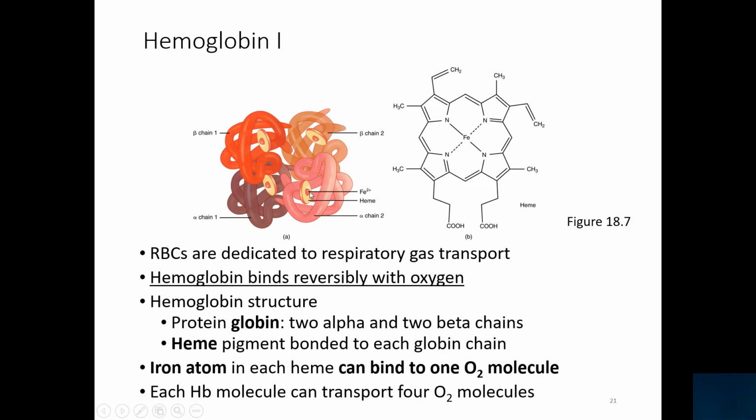And each of the hemes, there are 4 of them, 1 for each protein chain, has an iron atom attached to it. So when oxygen binds to hemoglobin, it attaches itself to that iron atom. Because we have 4 iron atoms in one molecule of hemoglobin, each hemoglobin molecule can transport 4 oxygen molecules.